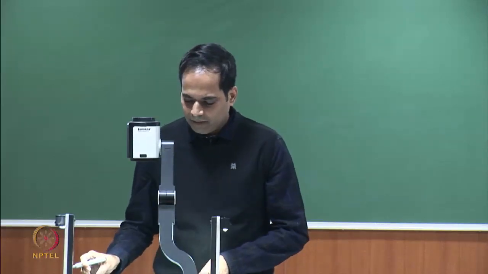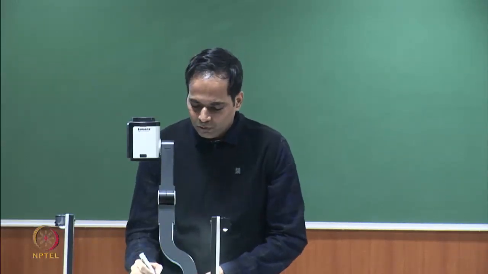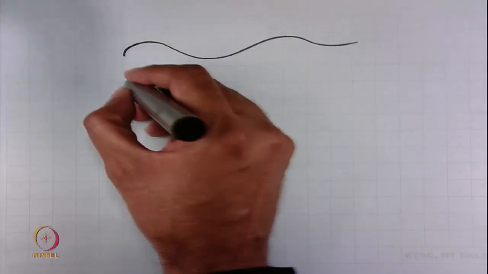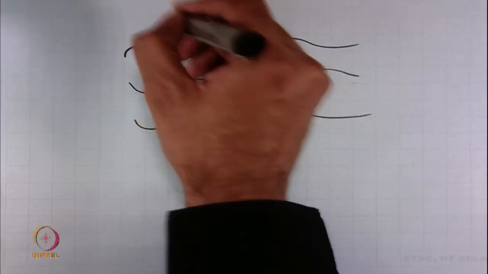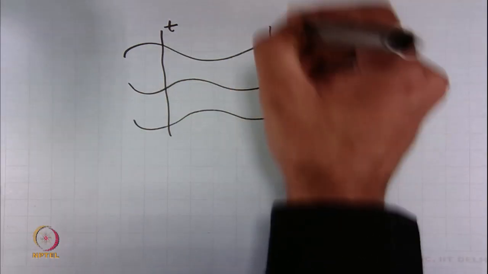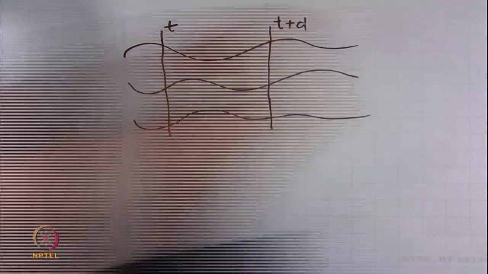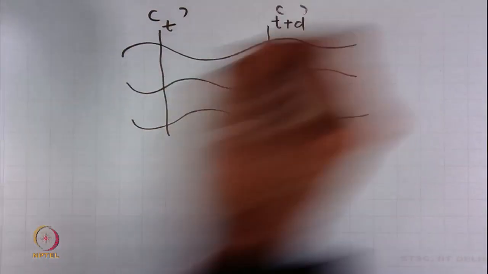Let us see mathematically how we can define this more concretely, but before taking that mathematical definition, let me warn you. Suppose I have a random process which is a collection of several sample functions. Let us look at this process at time instance t, and at time instance t plus d. If this process is stationary, then statistically this sample is the same as this sample.